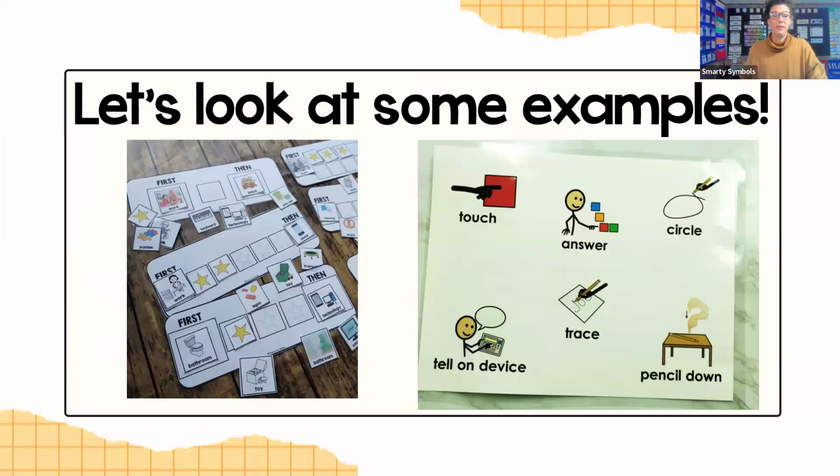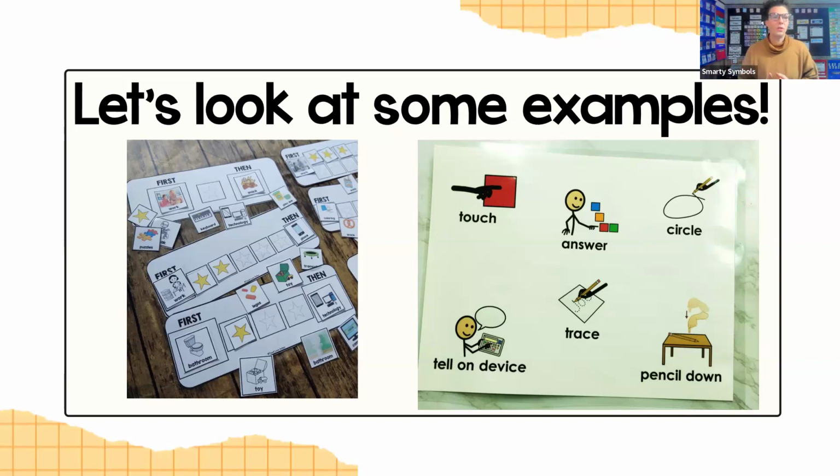So now that we've talked about that, let's look at some examples. I tried to pull from examples that I've used in my own classroom or materials that I have been able to access. The picture on the left that shows the first-then board with the stars on it is a visual support. First-then boards are visual supports.